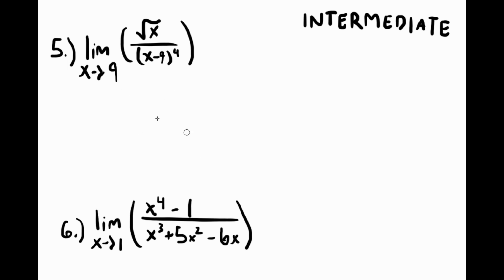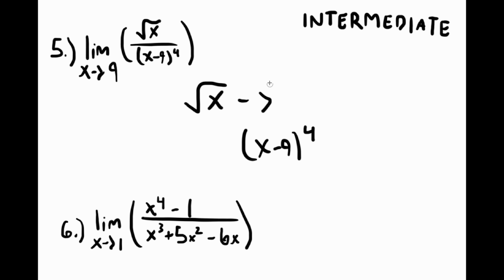So we're given more limit problems. The limit as x approaches 9 of this function is what we need to find. So let's take a look at the denominator and the numerator individually. As x approaches 9, the numerator is going to be equal to 3.